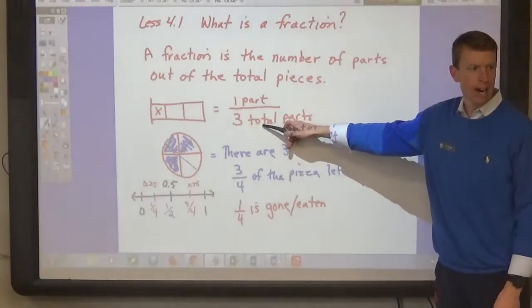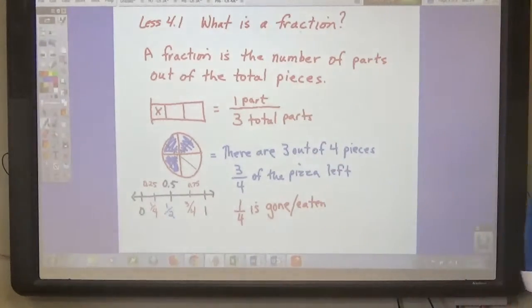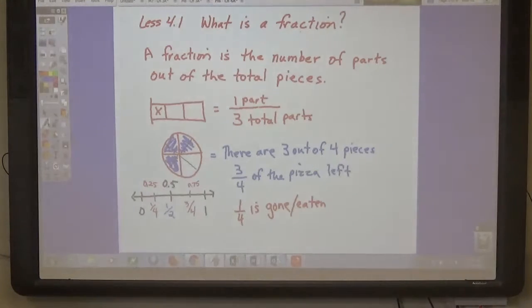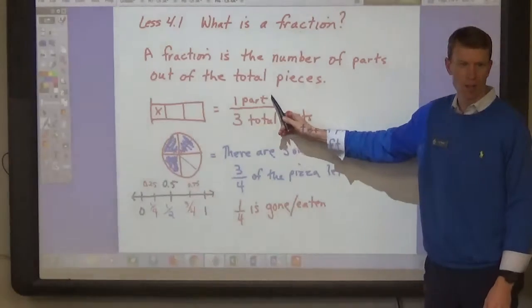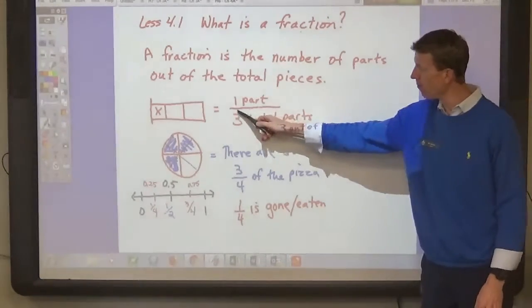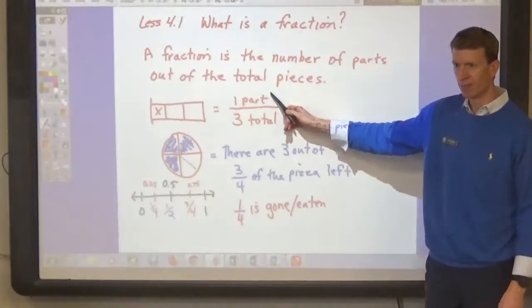Okay? In a fraction, the total always goes at the bottom. And the number of parts go above the line, above the fraction bar. This is called the numerator.